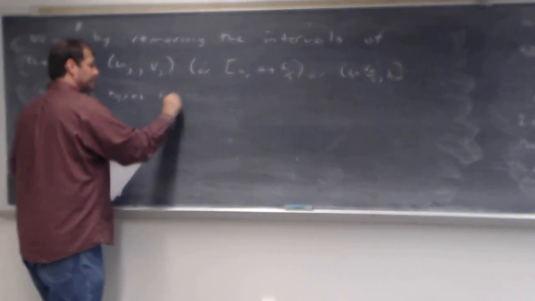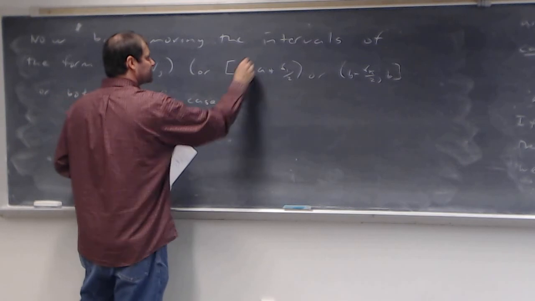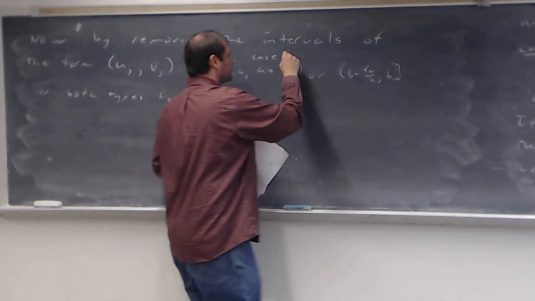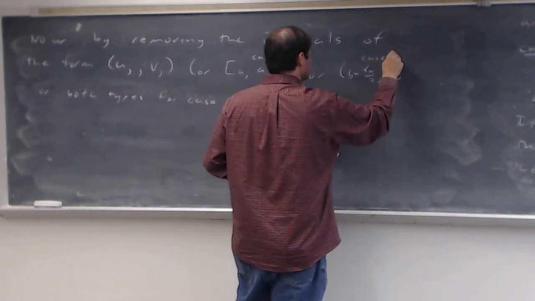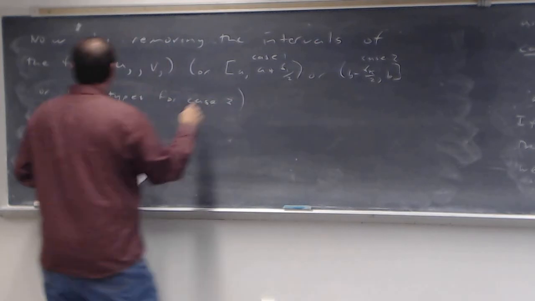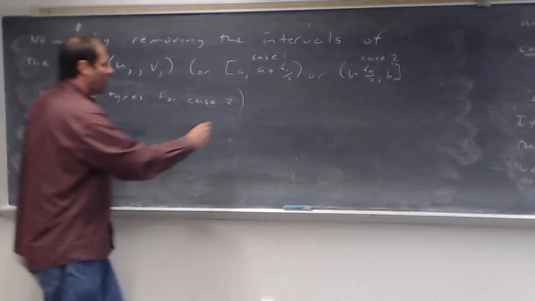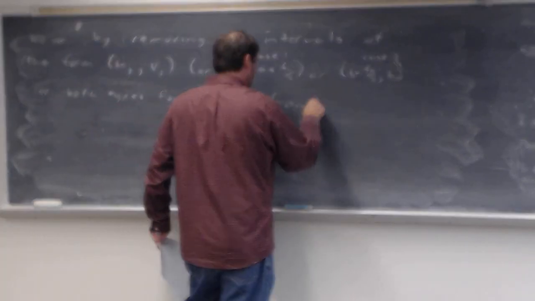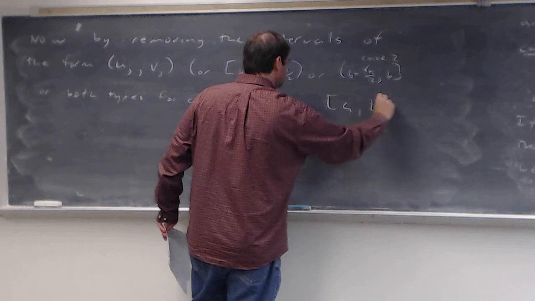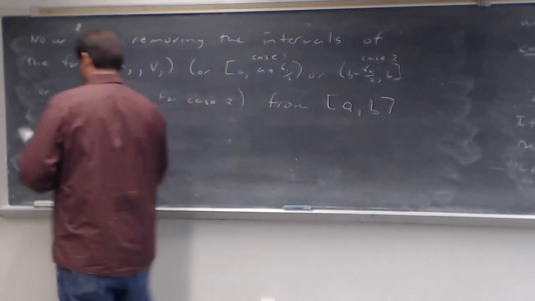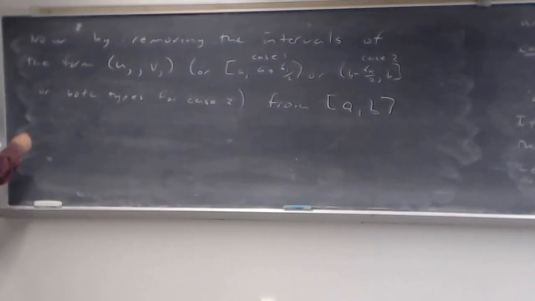This was for case 1, this was for case 2, and this is for case 3. So we take all those forms, depending on what case we are in, out from a to b to form a set K.